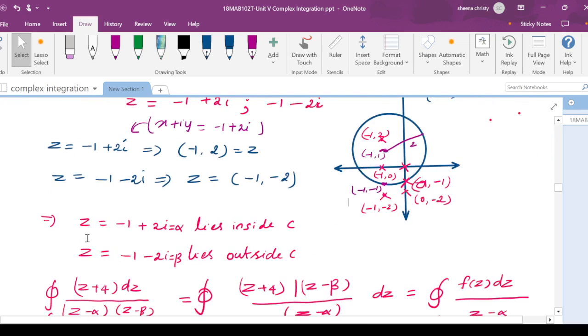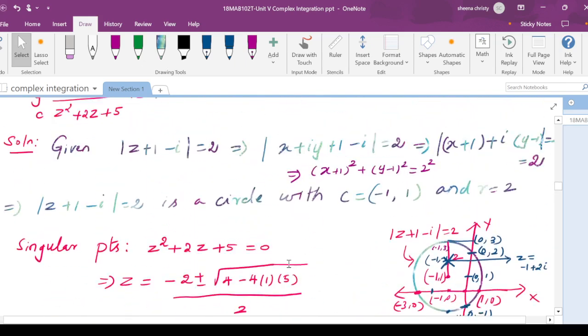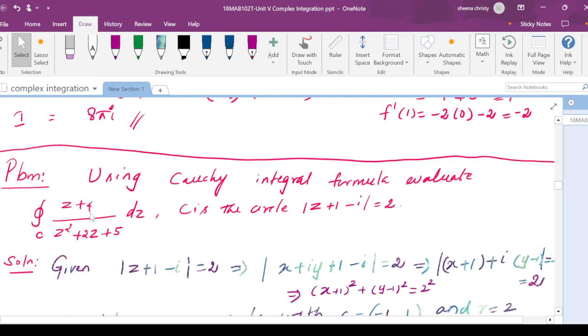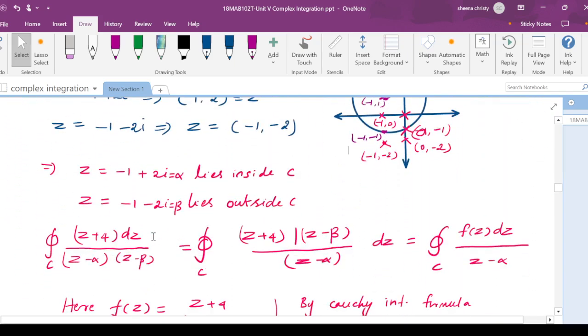So here I am assigning the point z = -1 + 2i, for simplicity, as alpha, which lies inside C, and z = -1 - 2i as beta, which lies outside C. Therefore, the integral over C of (z + 4)/(z² + 2z + 5) dz, we can write the denominator as (z - alpha)(z - beta), where alpha and beta are zeros of this denominator.